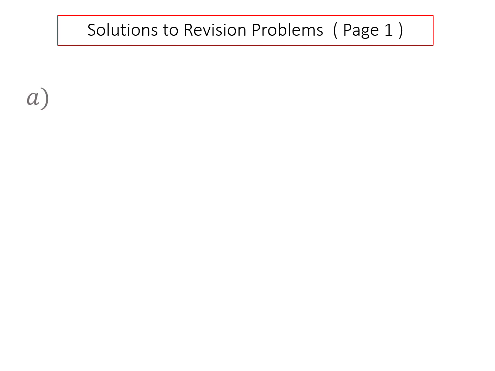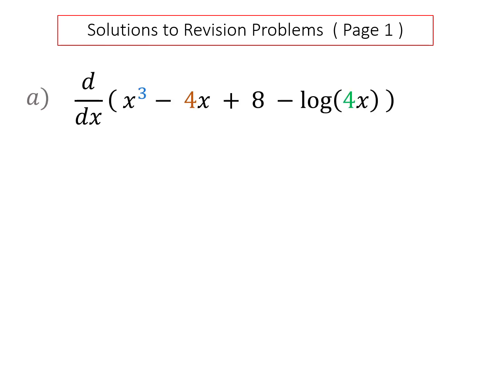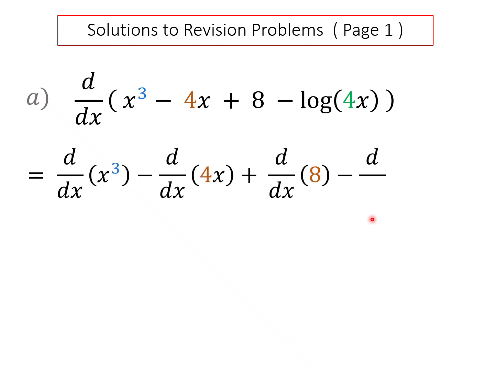Problem number 1, d/dx of x cube minus 4x plus 8 minus log 4x. Here we have got two algebraic terms, one constant, and the last one is a logarithmic term. So d/dx will be applied on each term as usual.